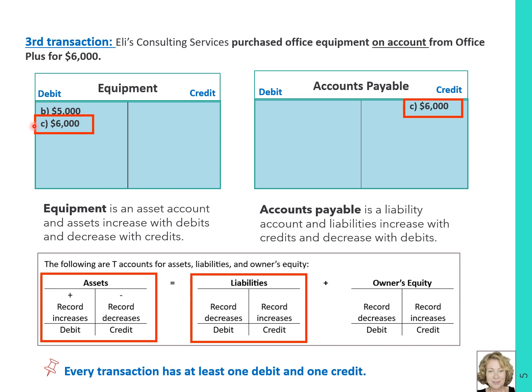When a business buys on credit or on account, as Eli's Consulting did, we call that an accounts payable. So when we buy on account, accounts payable increase. Accounts payable is a liability account, and liability accounts increase with credits. Therefore, we'll write a $6,000 credit on the right side of the account.